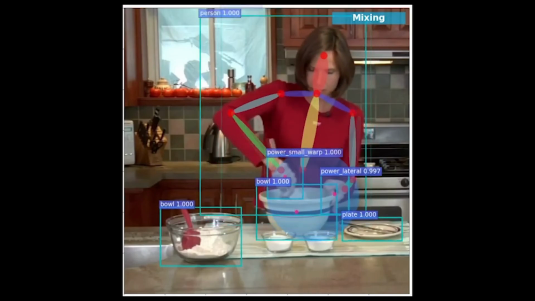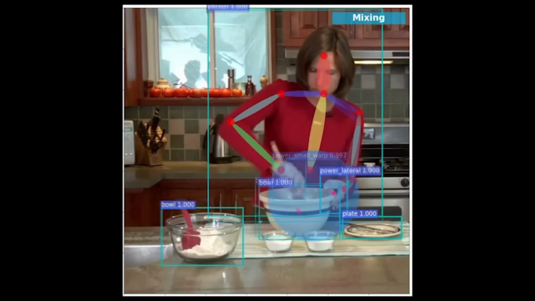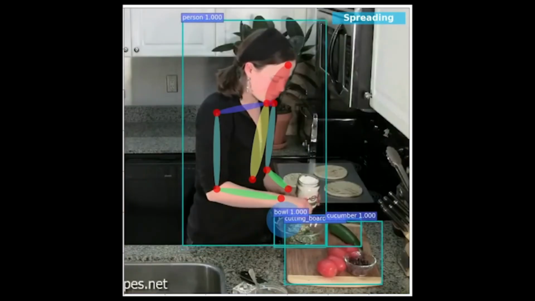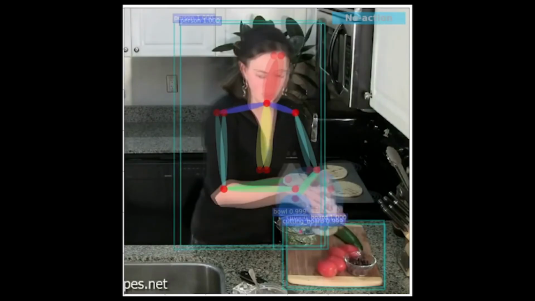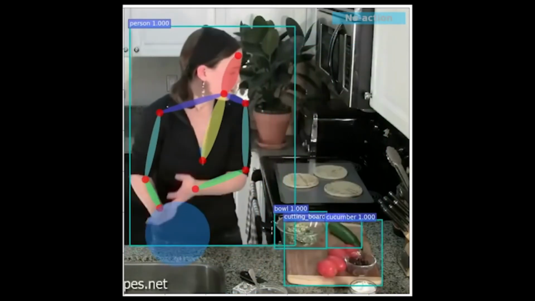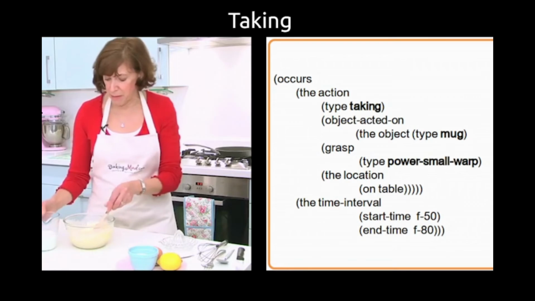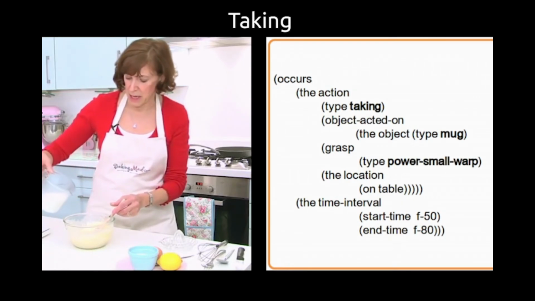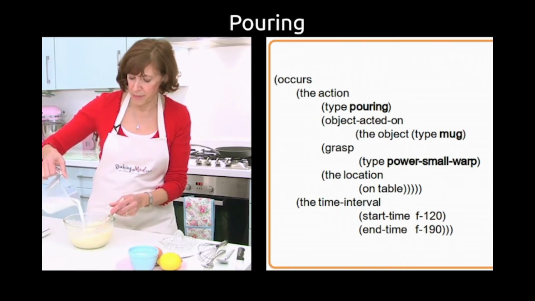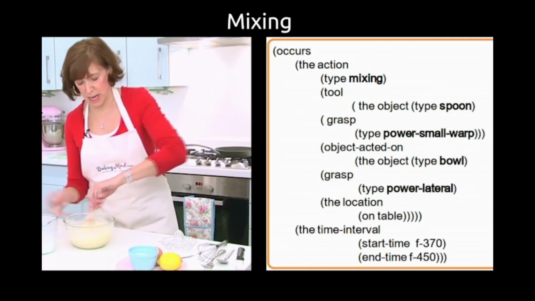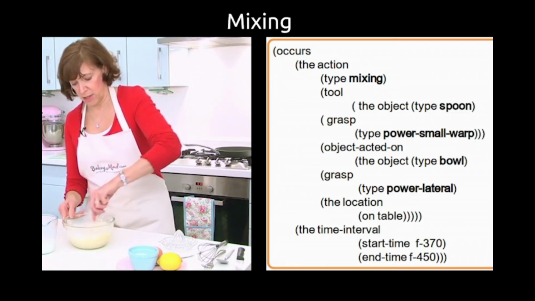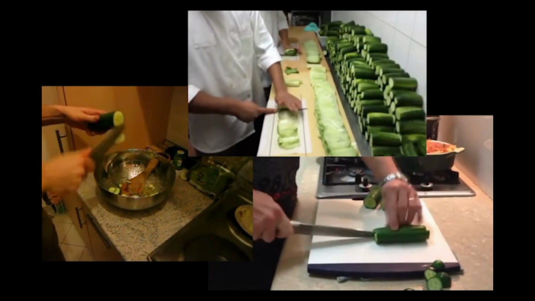So here you see a deep learning-based system that tracks the body motion, and it's also detecting the objects of interest. And here you see how continuous actions in the videos are aligned with symbolic expressions that describe what the system has detected in the image.